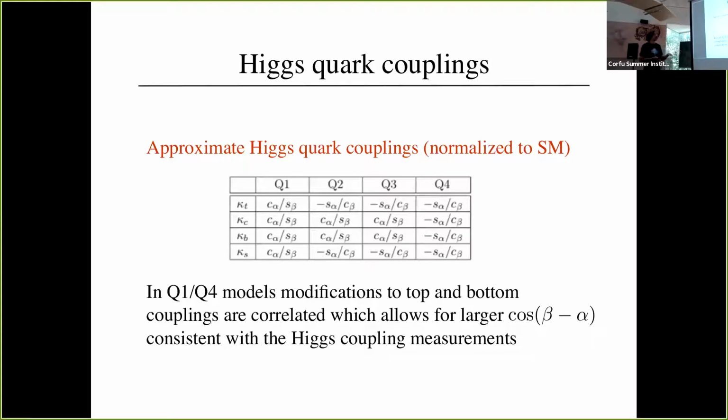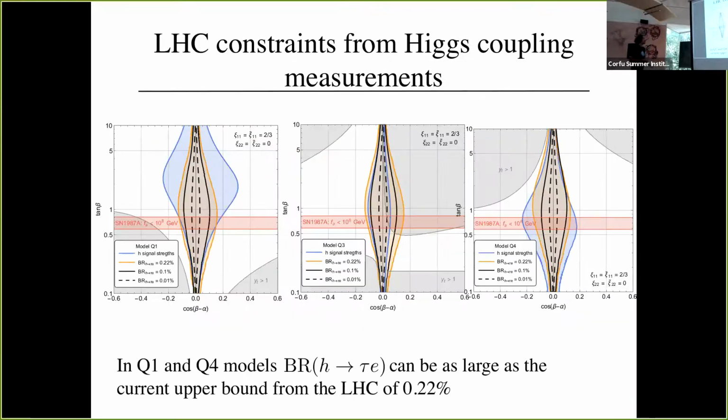Okay, so there are different models, different charge assignments, which give different constraints from LHC, because basically to maximize the effects of Higgs flavor-violating decays, we need to maximize cos(beta minus alpha), but this is also constrained by the standard LHC Higgs measurements. So this plot shows that the region between blue curves is allowed by the LHC Higgs signal strength measurements, while this orange region is the region that is constrained by Higgs to tau e decays.